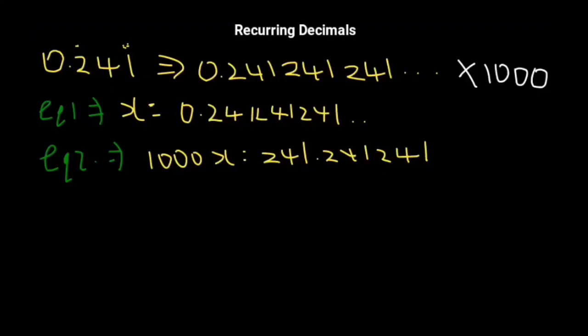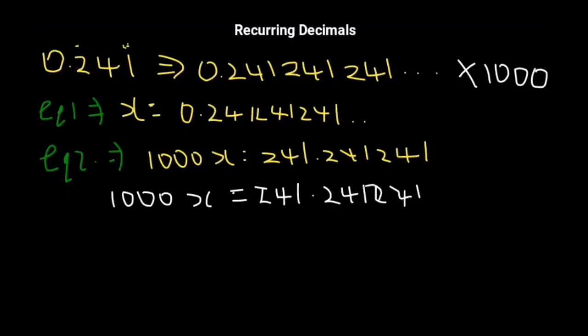And as usual, we subtract equation 1 from equation 2. So we're going to have 1000x is equal to 241.241241, and then that is subtracted from equation number 1, which is x is equal to 0.241241241.